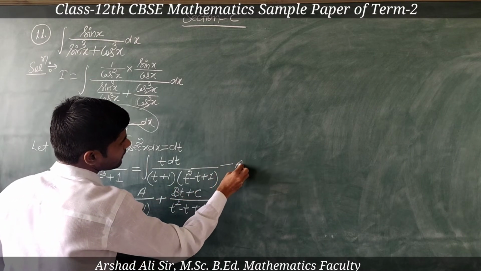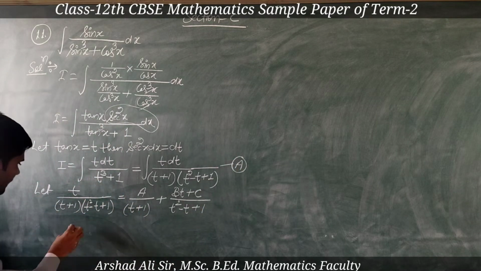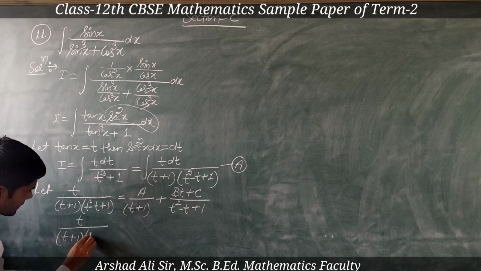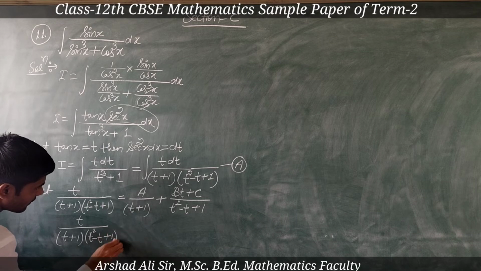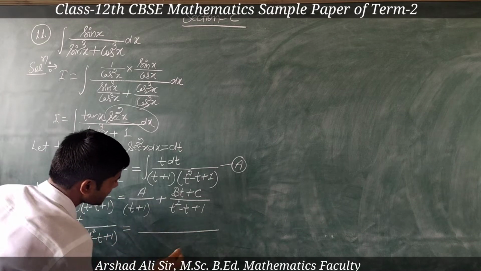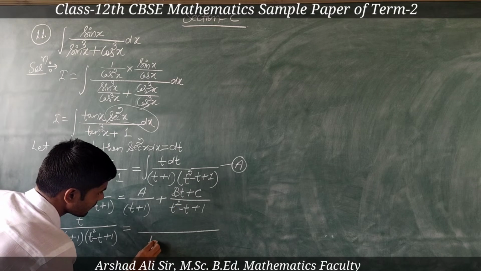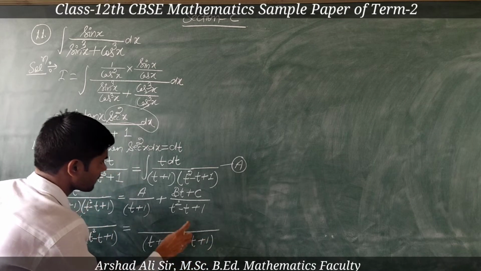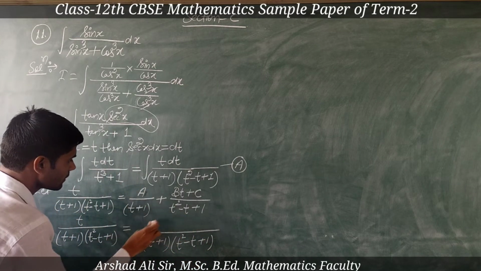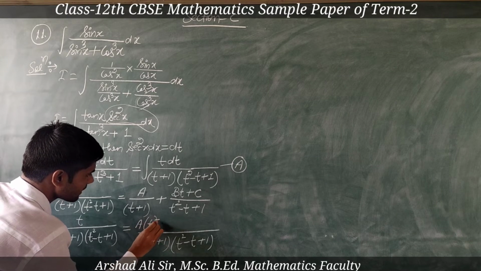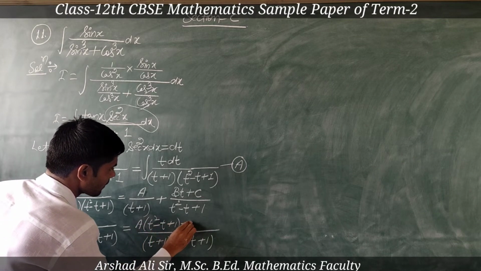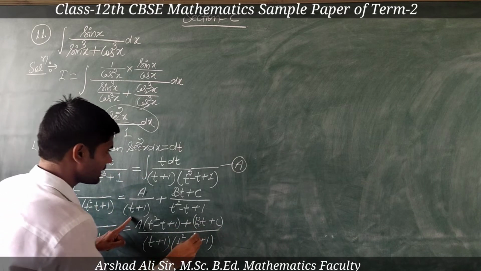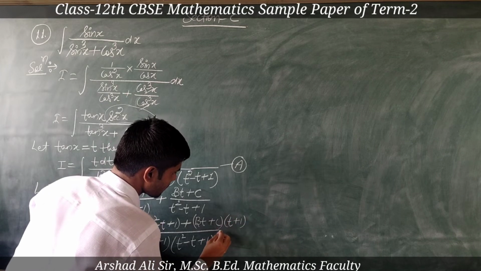Suppose it is equation number A. Now we can take LCM. t upon (t plus 1)(t square minus t plus 1) is equal to, LCM will be the product of these denominators, (t plus 1)(t square minus t plus 1). So here we can apply the cross multiplication method, a into (t square minus t plus 1) plus (bt plus c) into (t plus 1), all over (t plus 1)(t square minus t plus 1).